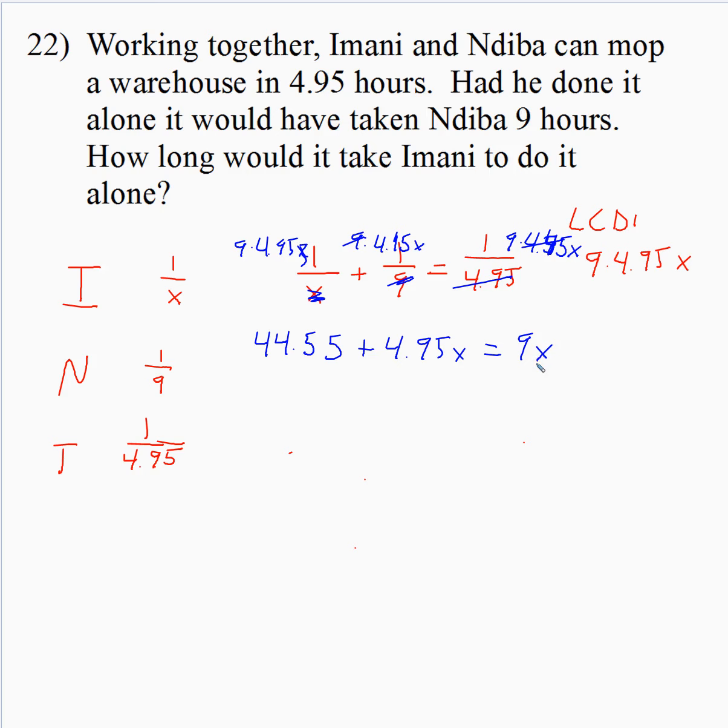We now want to solve for x, so we would go ahead and subtract 4.95x from both sides. So we get 44.55 is equal to 9 minus 4.95, and that is 4.05x, and we'll divide both sides by 4.05.